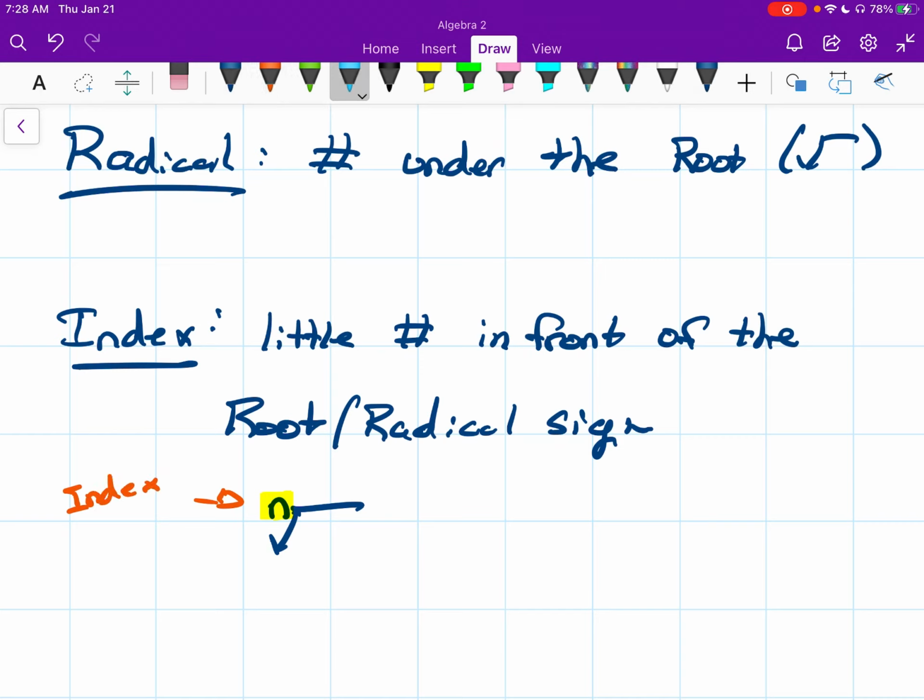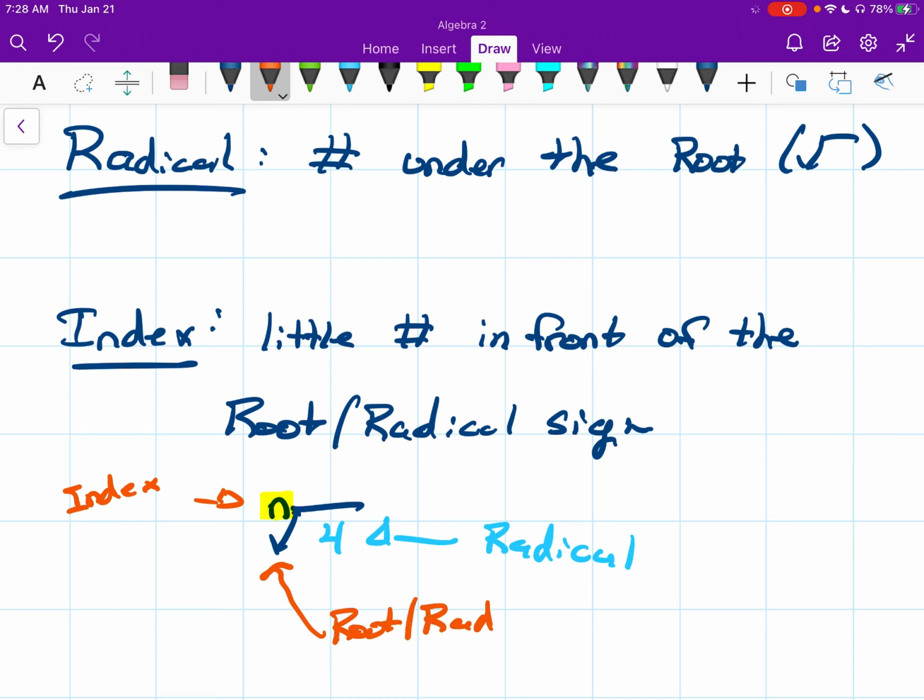Here I could put like a 4 there. That is the index, and this is the root or radical sign. Normally I will call it, or I'll reference it as being the root, or I'll call it the radical sign, right? Normally I like to call it the root because radical is already another term, right?